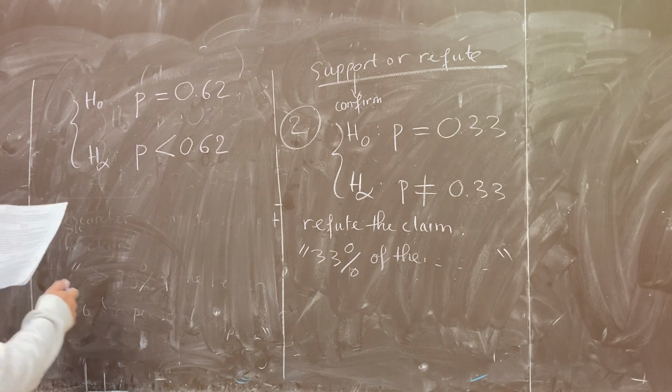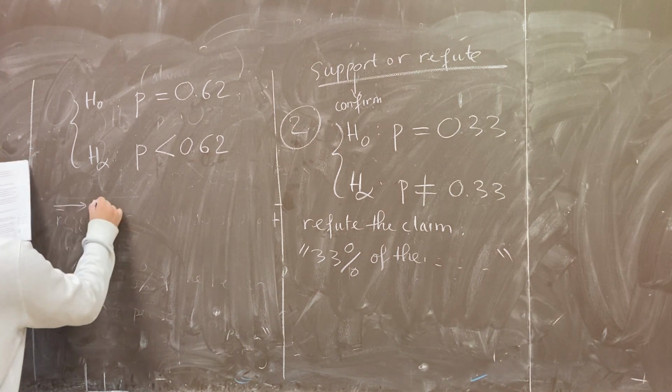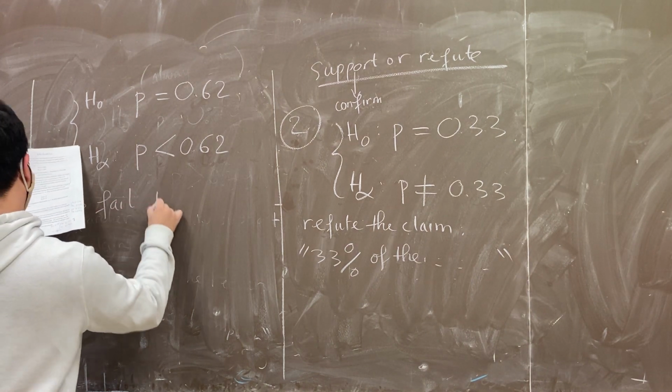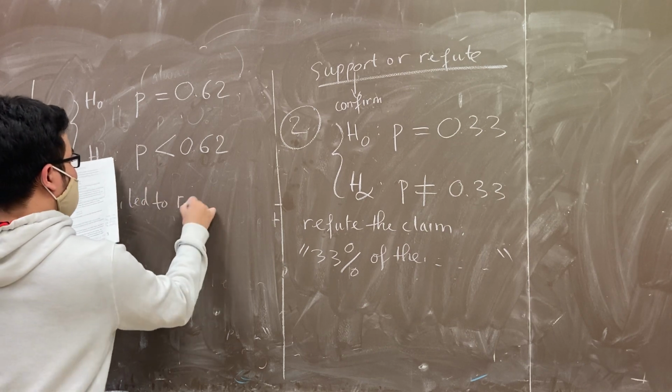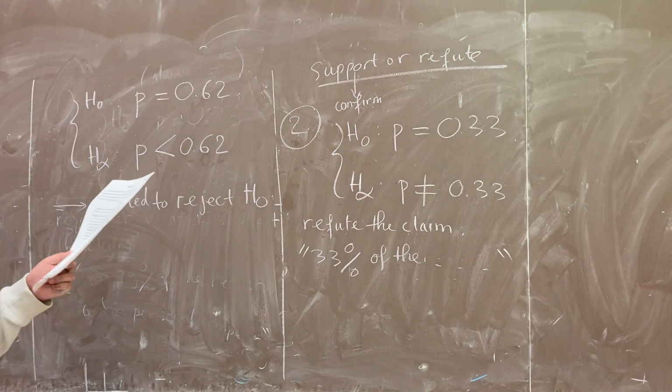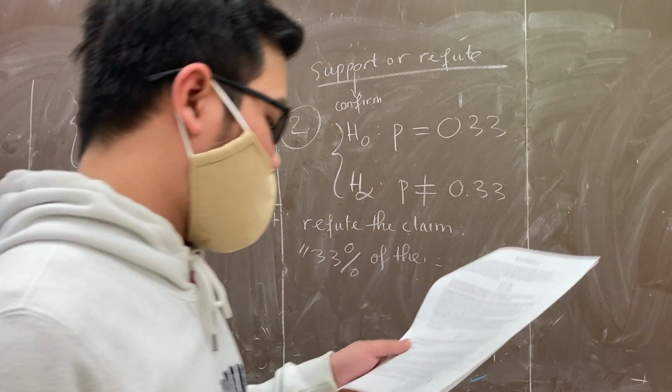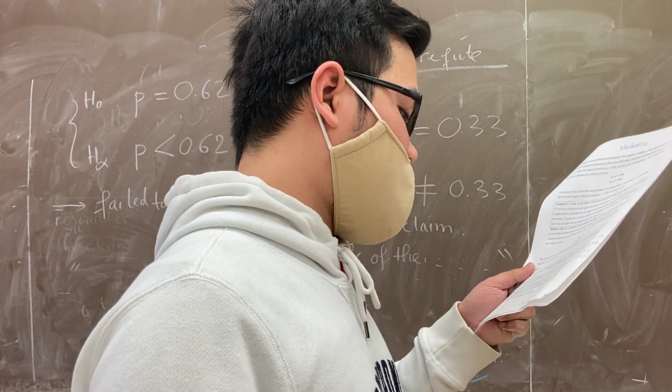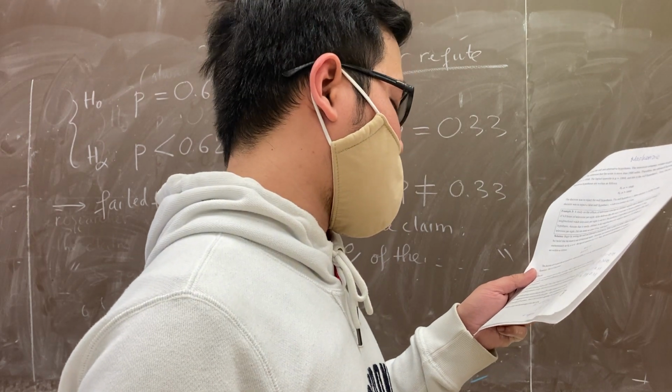And the decision here is to fail to reject X0. Okay, so now you look at the conclusion. What is the conclusion regarding the public search claim?